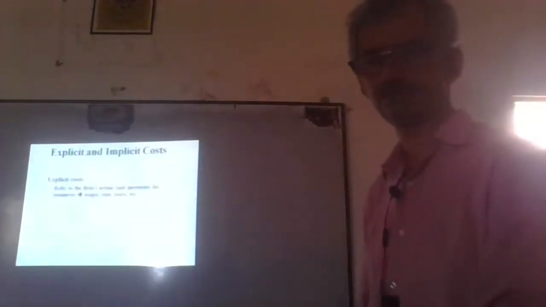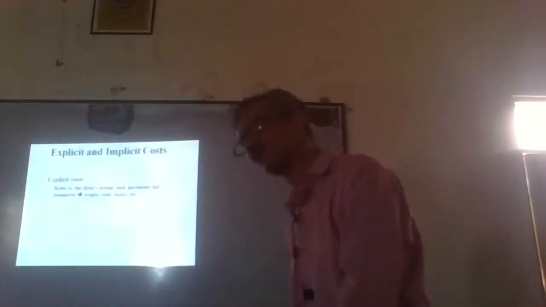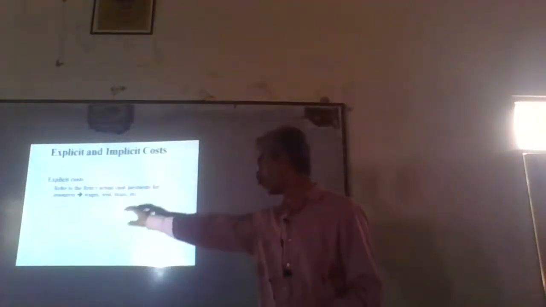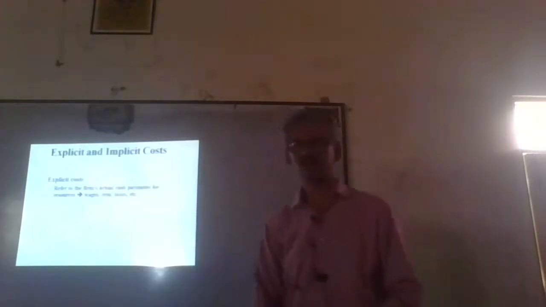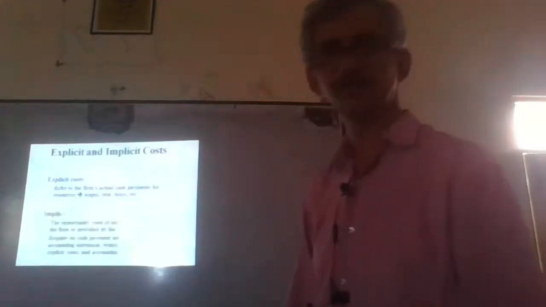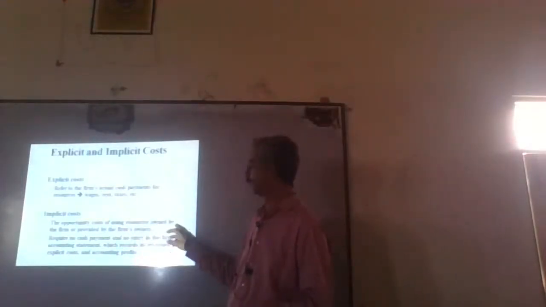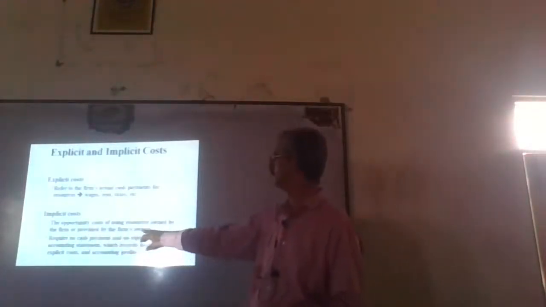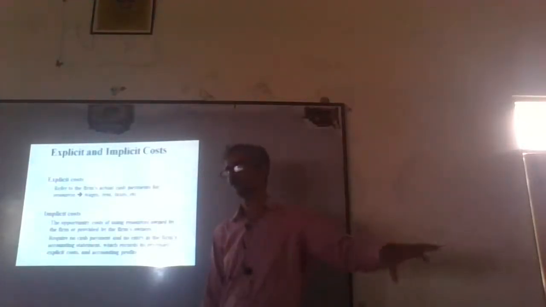The explicit cost refers to the firm's actual cash payments for resources, like wages, rent, taxes, etc. The implicit cost is the opportunity cost of using resources owned by the firm or provided by the firm's owners. Opportunity cost means the next best alternative which we have sacrificed.